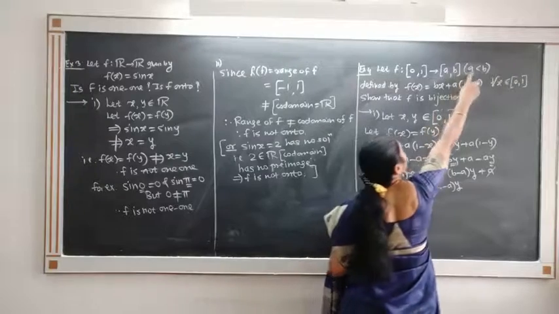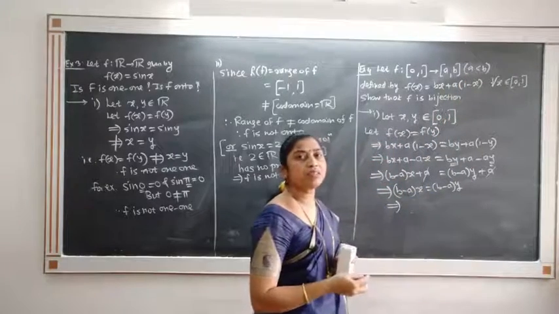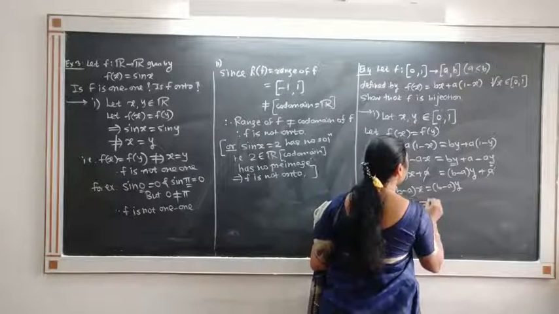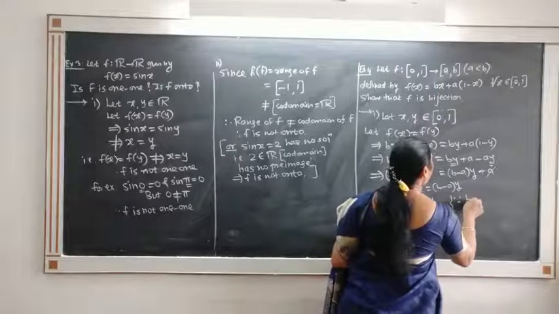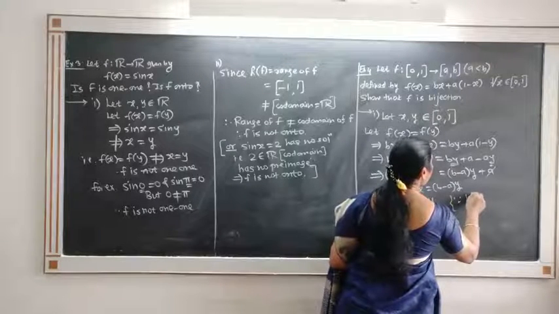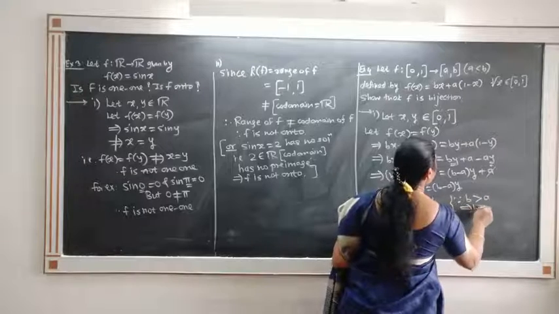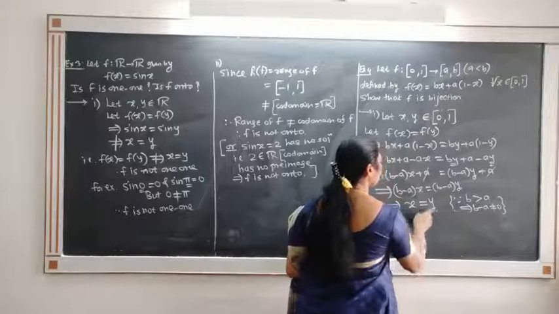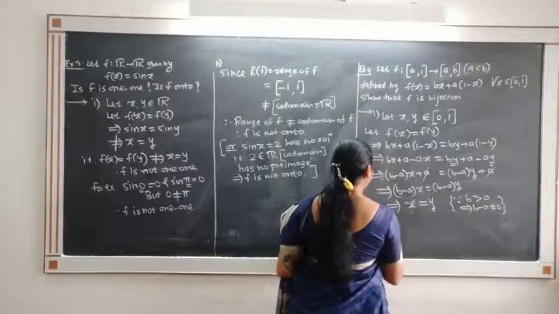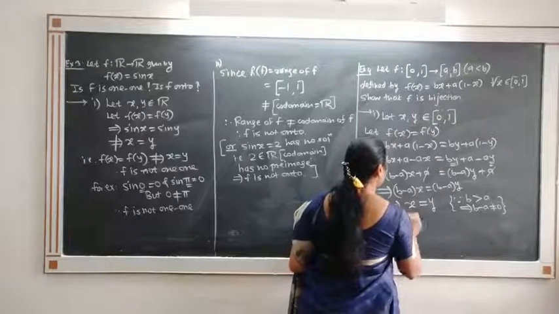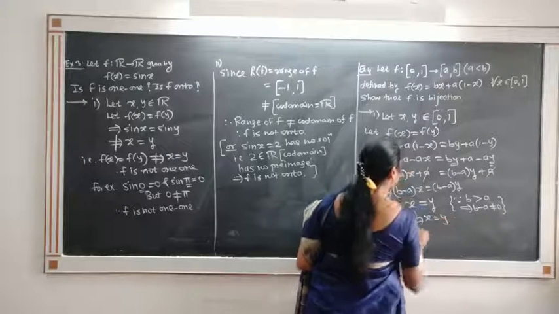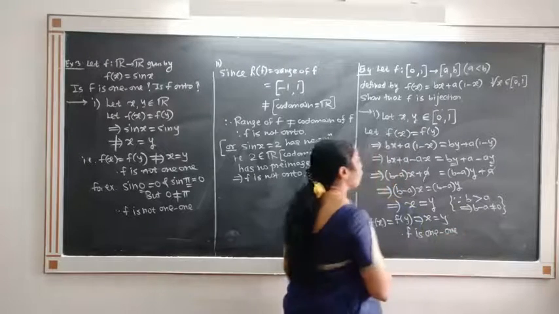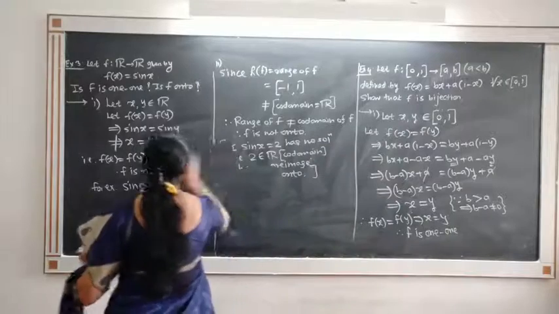And because a is less than b, that is b - a is not equal to 0, you are able to divide by b - a, and therefore dividing by b - a, we get x is equal to y. So starting with f(x) equal to f(y), this implies that x is equal to y and therefore the function is 1-1. Now we want to check that it is onto.